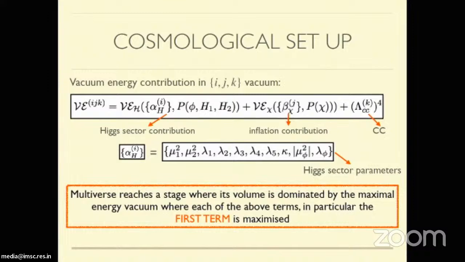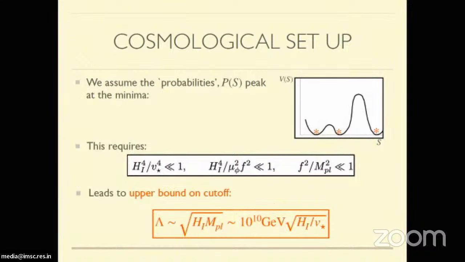And you can show that under certain conditions, the fields do peak at their minima. Basically, the Hubble scale has to be much less than the weak scale and so on. Under these conditions, you can show that even during inflation, all the fields will be at their minima. Otherwise, the whole exercise doesn't make sense.